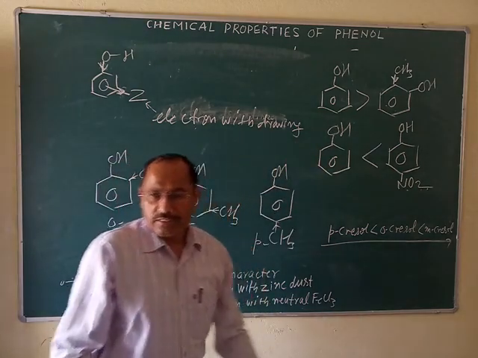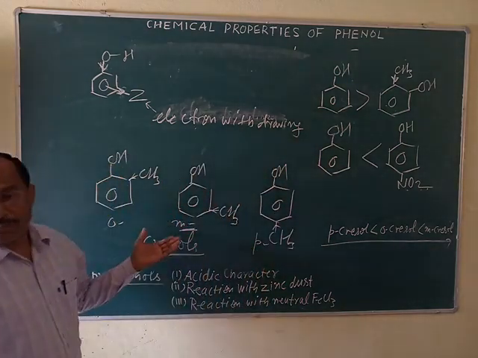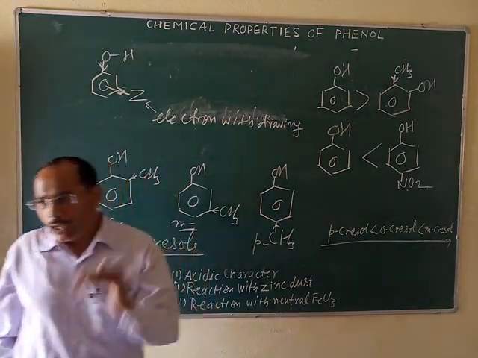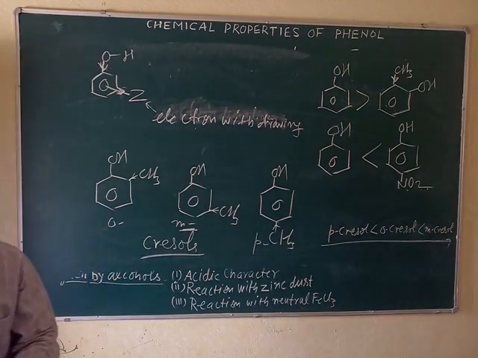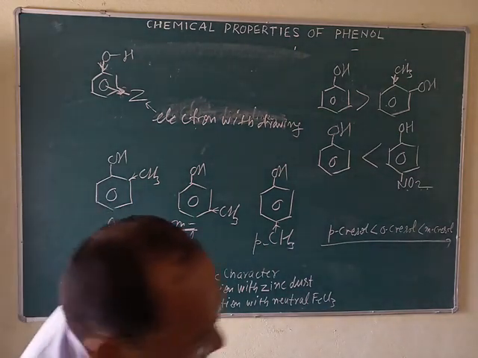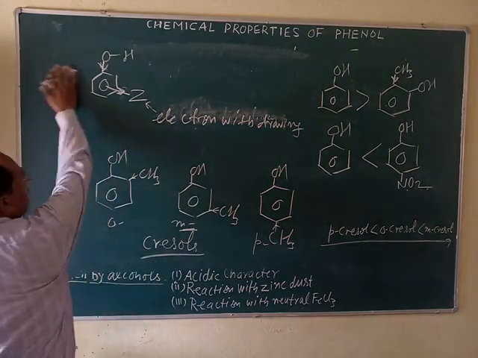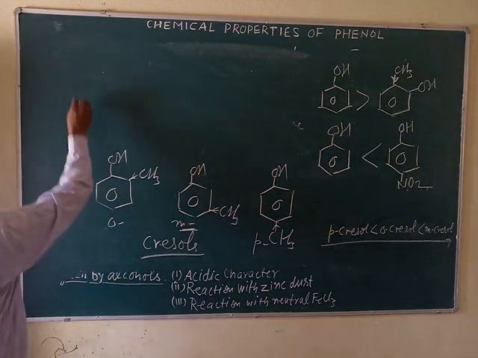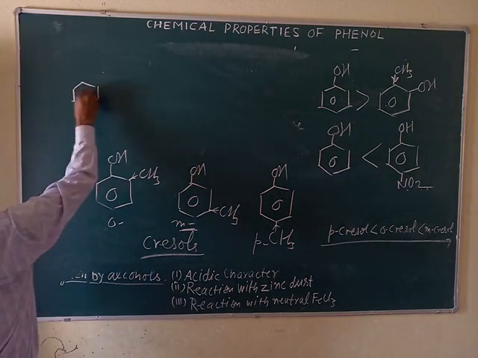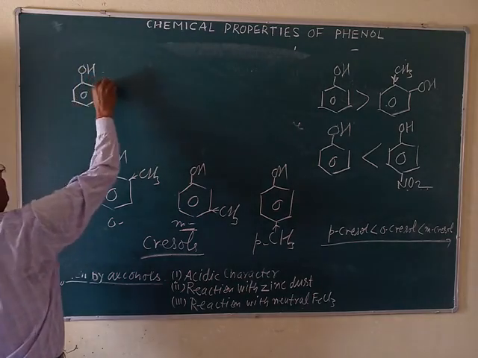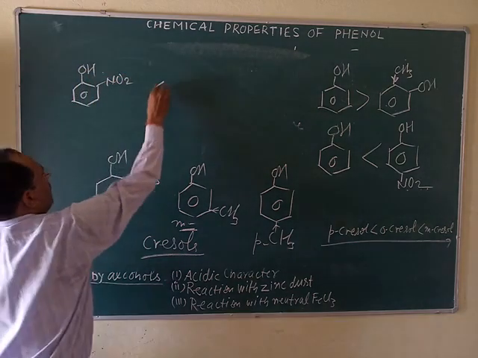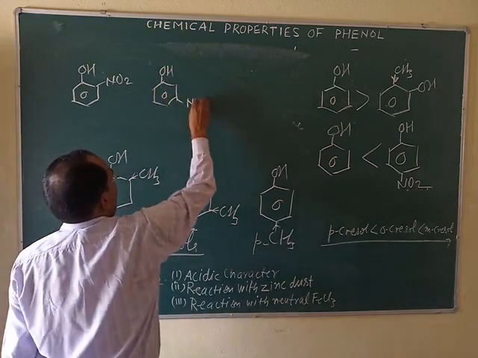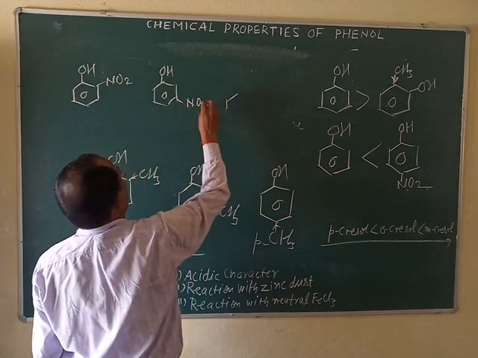Similarly, the effect of an electron withdrawing group at different positions can also be explained. For example, in case of nitrophenols, this is orthonitrophenol, metanitrophenol, and paranitrophenol.